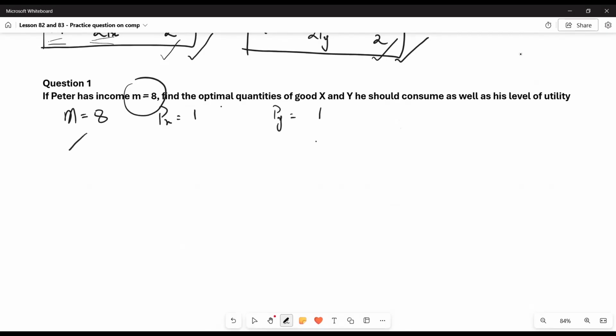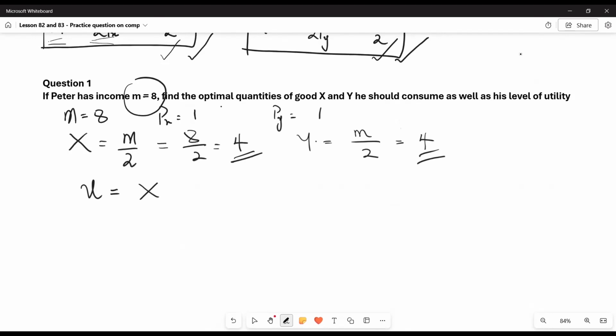Now, since we know the demand function for good X being equal to M over 2, this is simply going to be equal to 8 over 2, which is 4. Now, if we do the same for Y, then we have Y being equal to M over 2 being equal to 4 as well.